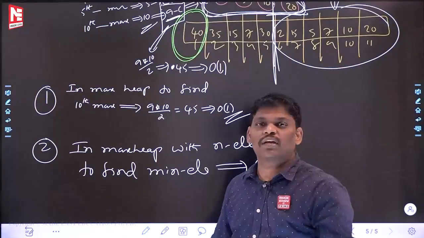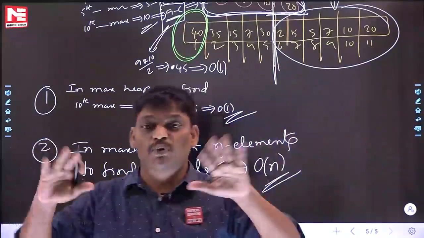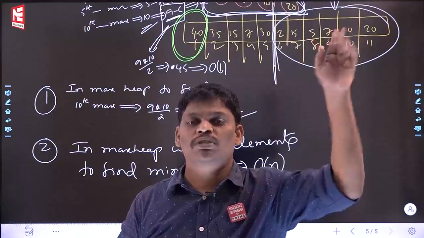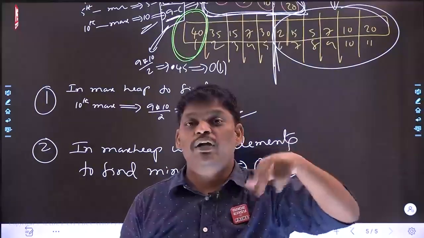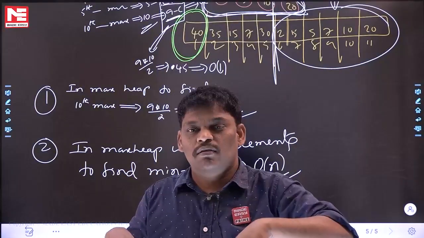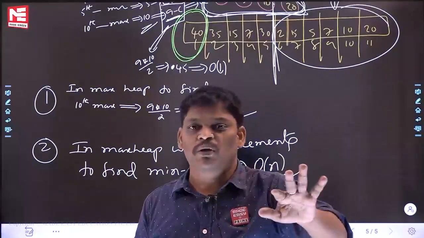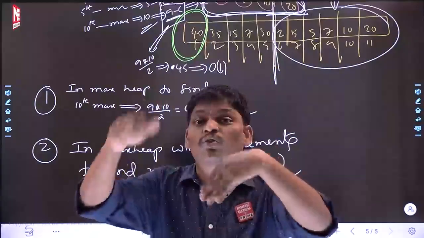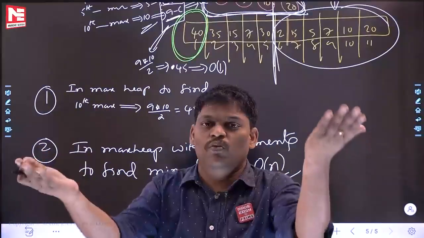Can you help with the previous existing algorithm, before today's class, to find out the maximum, how much time? One scan, n. To find out the minimum, how much time? One scan. So before this class, whatever you know to find out maximum and minimum, you already have. Now because of this class, if something new comes, compare both, the old one and the new one.